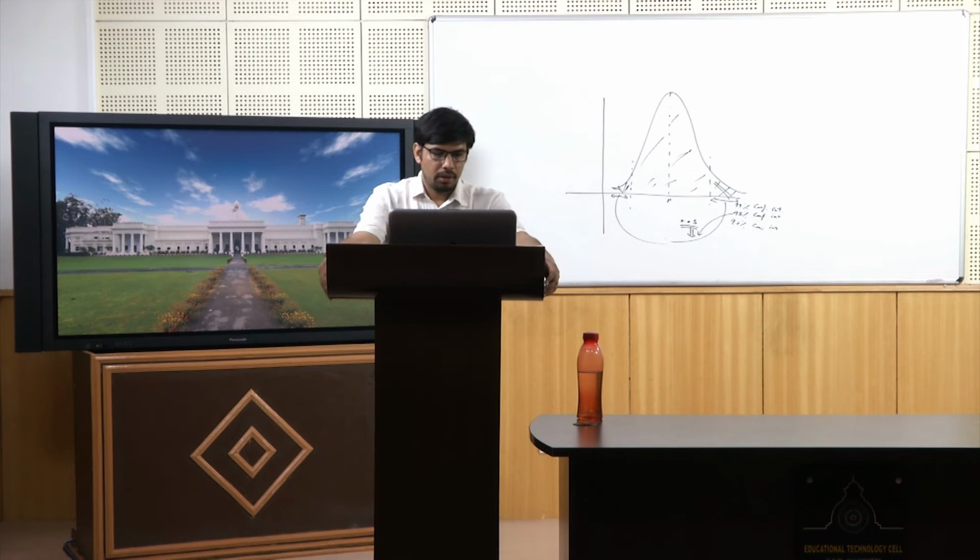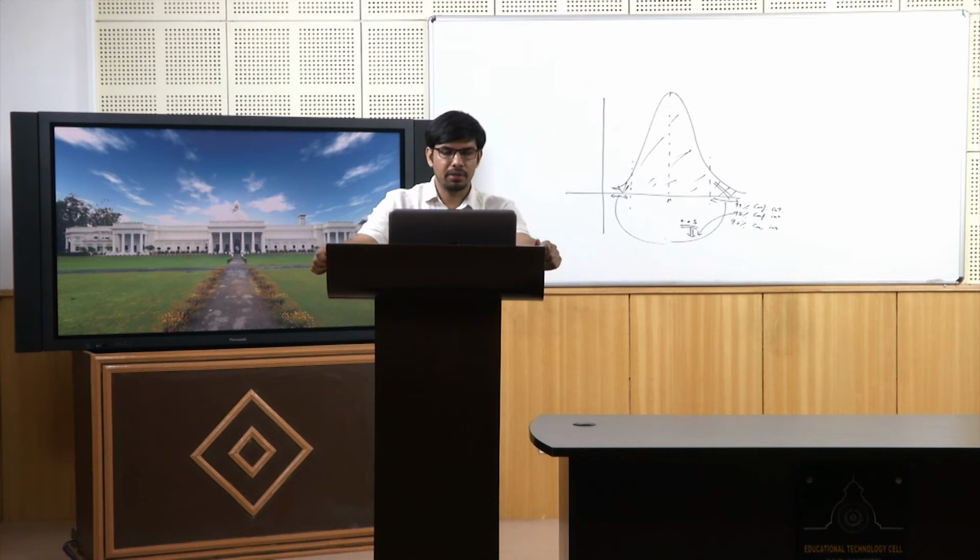So, let us go back, and the next discussion point is confidence interval. A confidence interval provides an interval estimate of a population parameter using sample data. Till now we were looking at the point estimate, but using a confidence interval we can also provide an interval estimate of a population parameter.